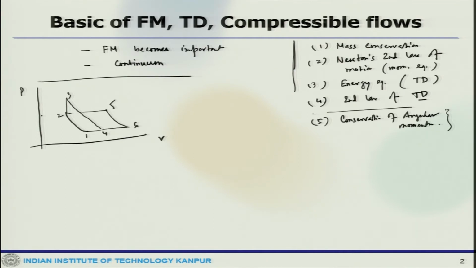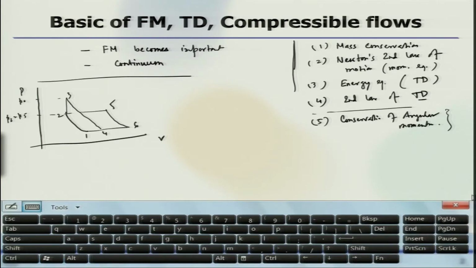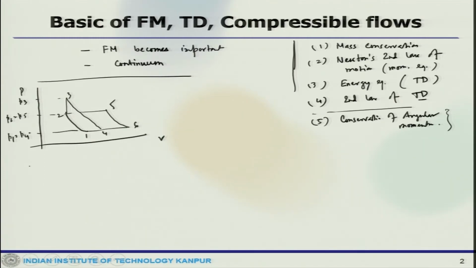So, P2 is P5 here, this is P3, P1, P4, equals P6. So, this is the volume V2, V3. Now, this is a Brayton cycle where you have constant pressure combustion.